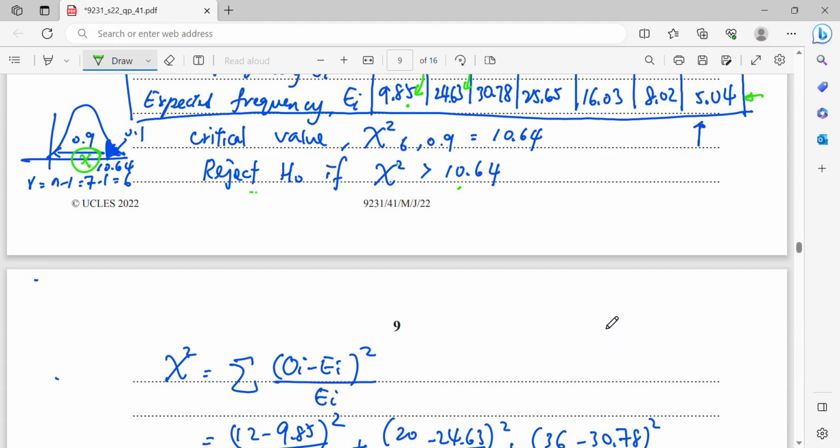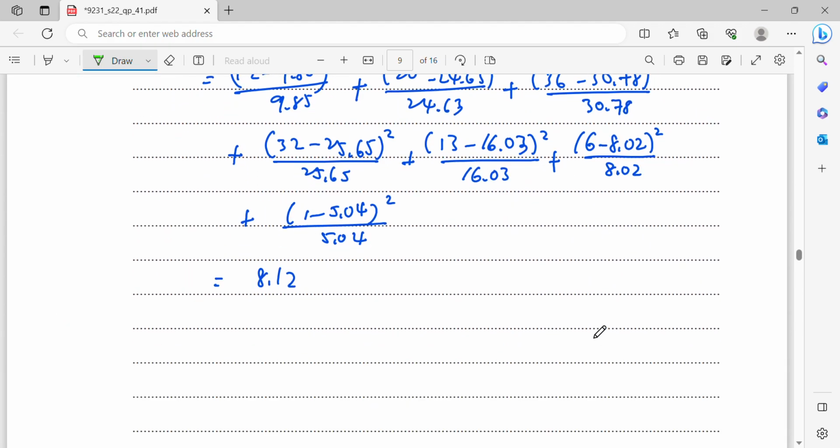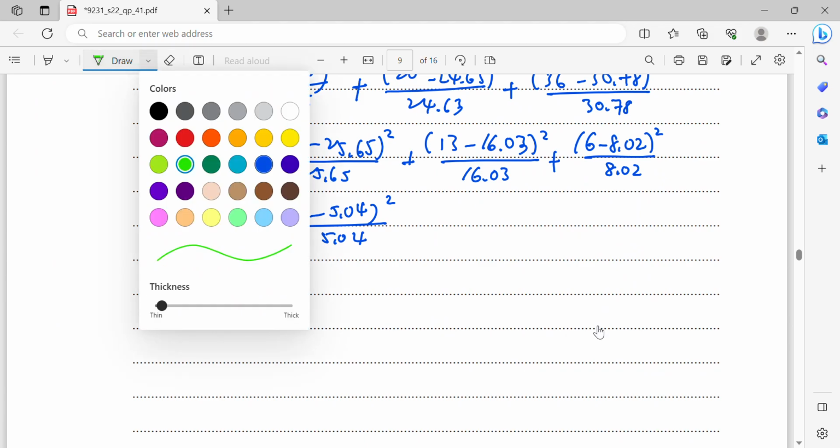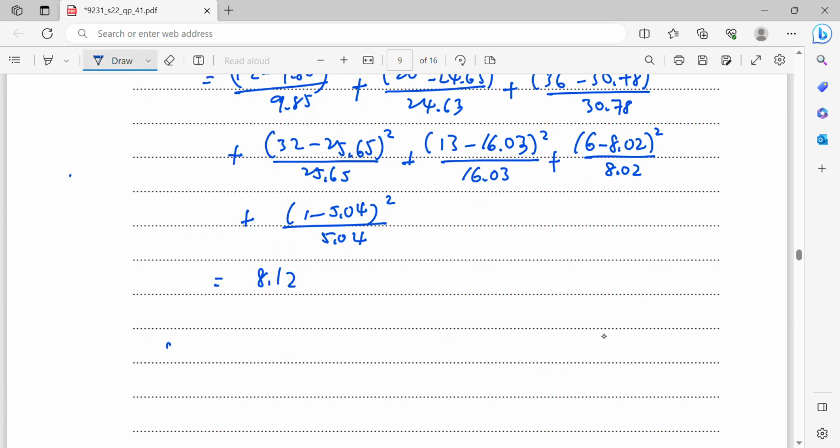Okay, so therefore we will accept H0. We cannot reject. So now you write, since chi-squared is less than 10.64, accept H naught. That is our decision.